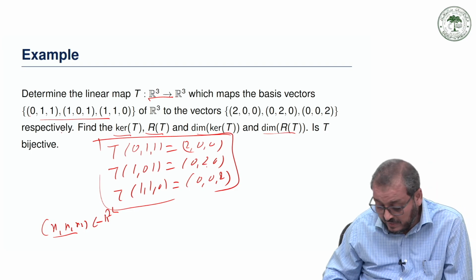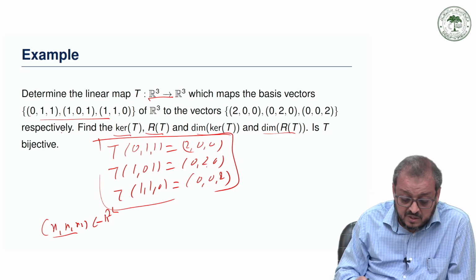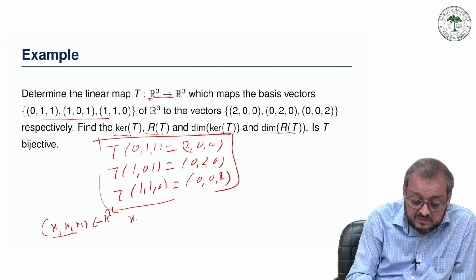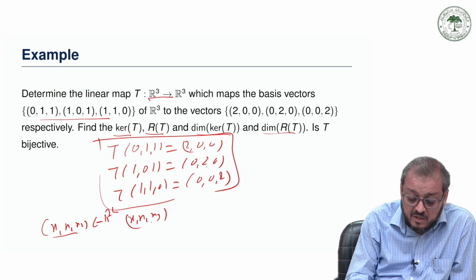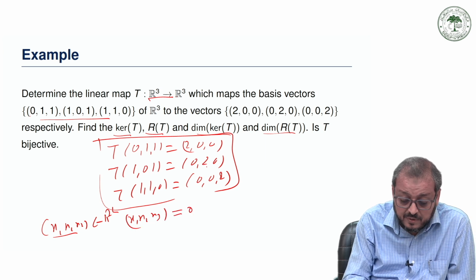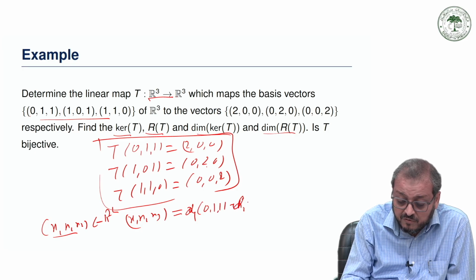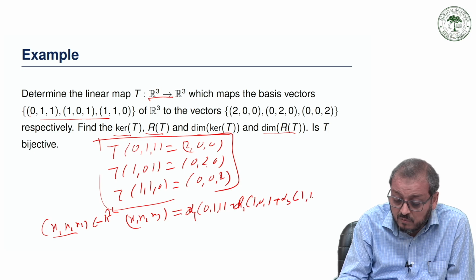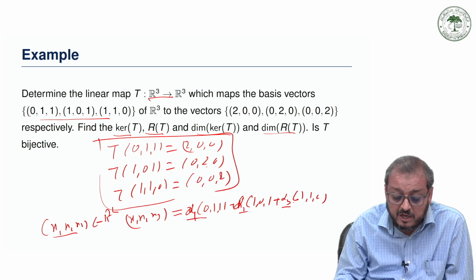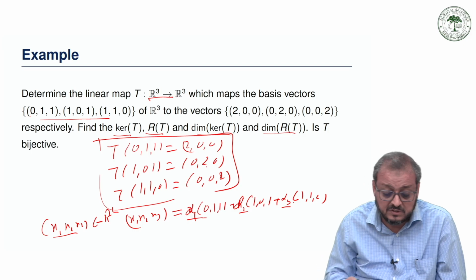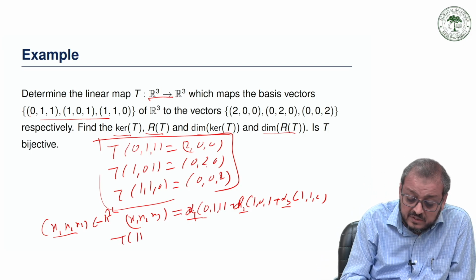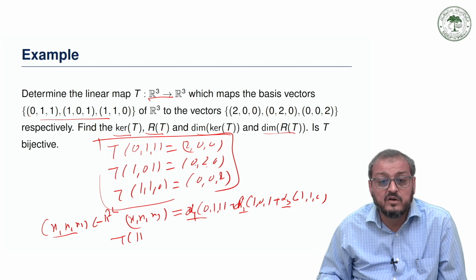So (x1, x2, x3) can be written as alpha 1 times (0,1,1) plus alpha 2 times (1,0,1) plus alpha 3 times (1,1,0). We find the values of the alphas in terms of x, and then we operate T on both sides and solve.